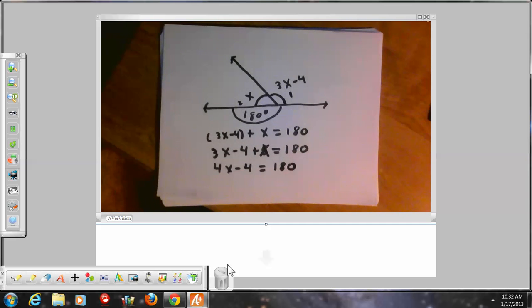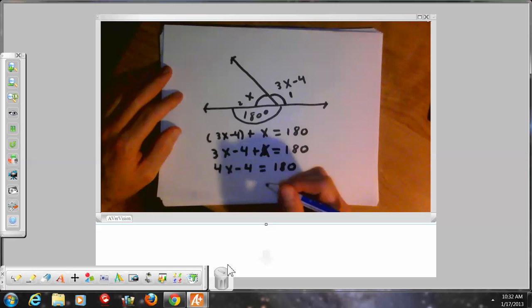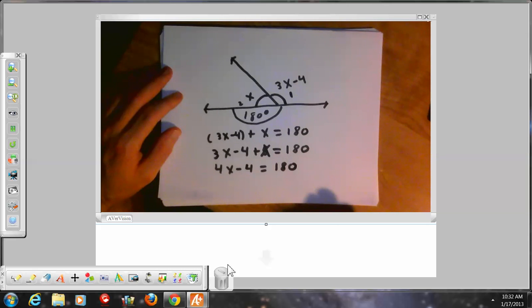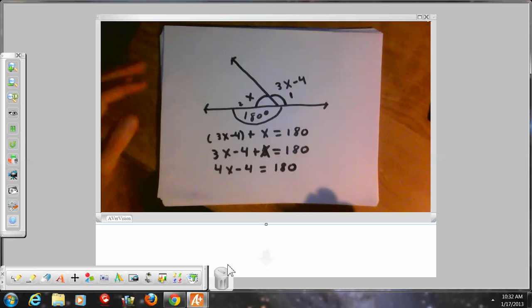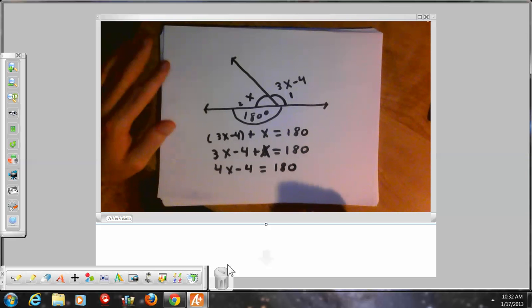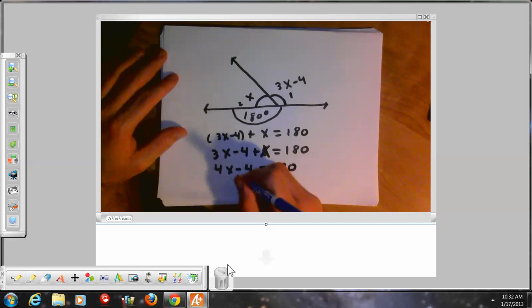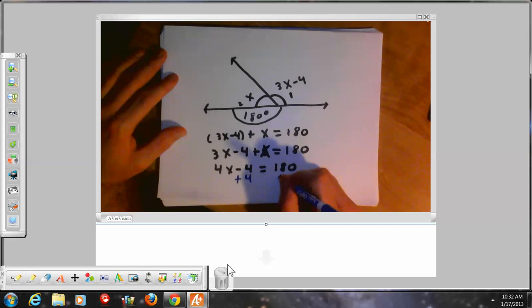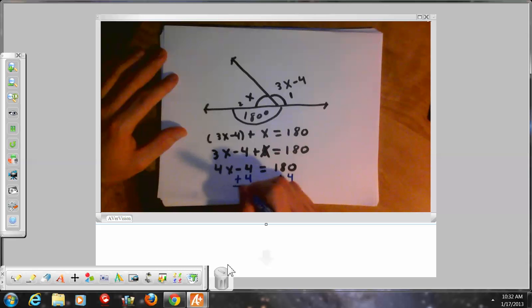And I want to get rid of that negative 4 on the left-hand side, so I can add 4 to both sides. As long as I do the same operation to both sides, it doesn't change the truth of the equation. I mean, it won't change the value of x. So we're going to add 4 over here, and we're going to add 4 over here.